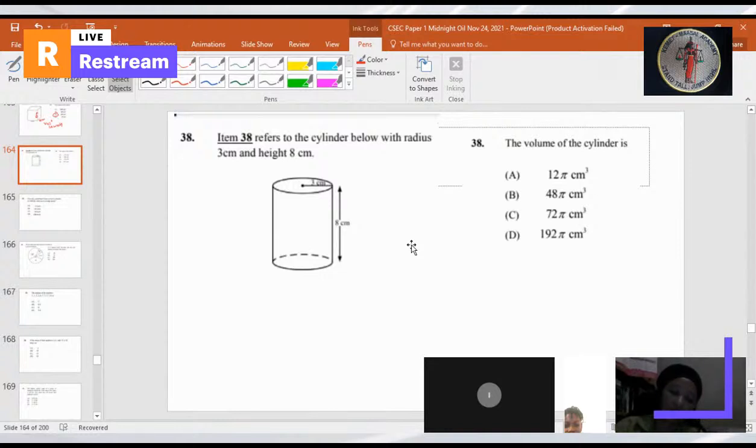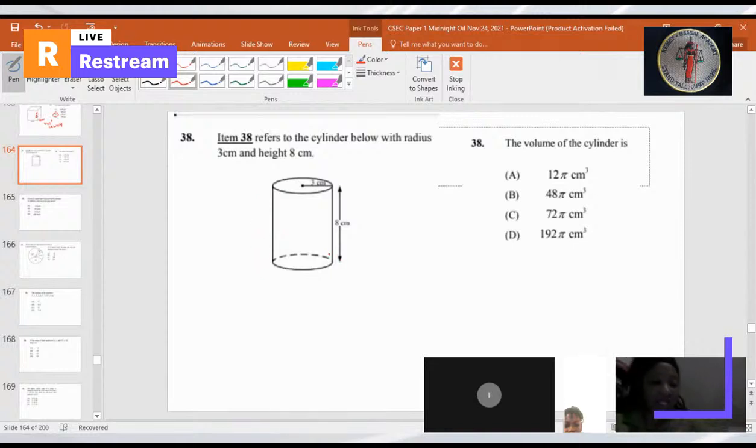So the concept of volume is the area of whatever the base is times the height, once it's a uniform figure.